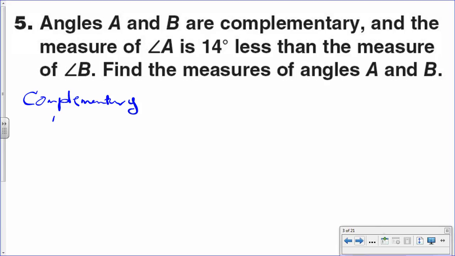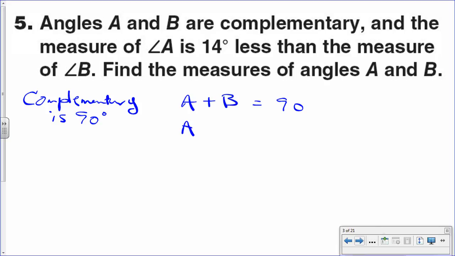Complementary is 90 degrees, right? Okay, so A plus B equals what? 90.